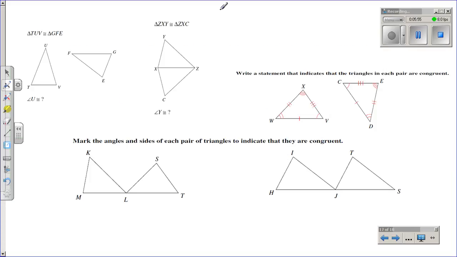So for your extra credit, and I forgot to write that down. Extra credit. Okay, for 1, tell me what letter is the same as U. For 2, tell me which angle is the same as angle Y. Number 3, write a congruency statement showing the triangles are congruent.